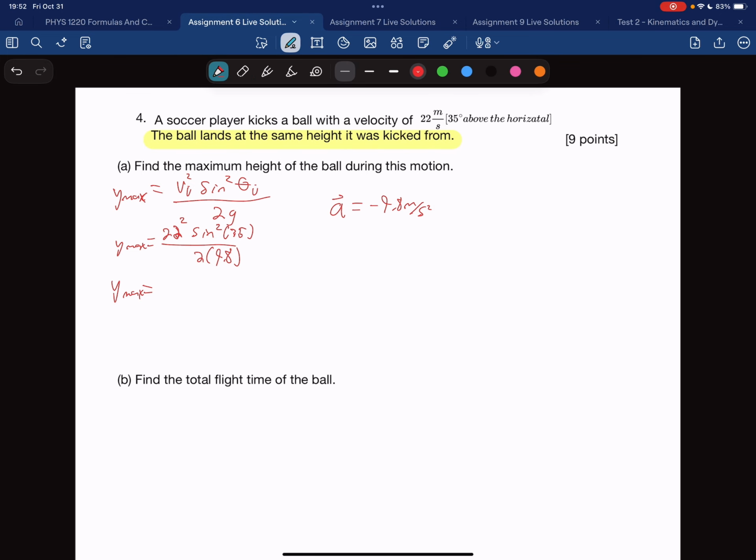G is equal to 9.8 meters per second squared. Also, we know that the maximum height is going to be positive anyway, so that's sufficient in this case. Punching these in a calculator, you get about 8.1 meters.